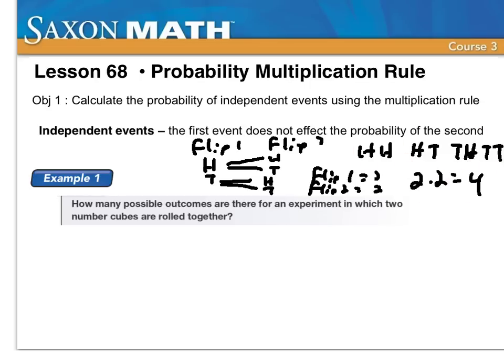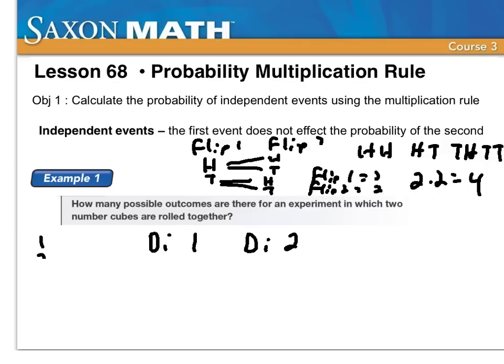Okay, so let's look at example 1. It says, how many possible outcomes are there for an experiment which has 2 number cubes that are rolled together? So I want to know just how many different things could happen if I rolled 2 dice. So I can have die 1 and die 2. Now how many possible things can happen when you roll a die?